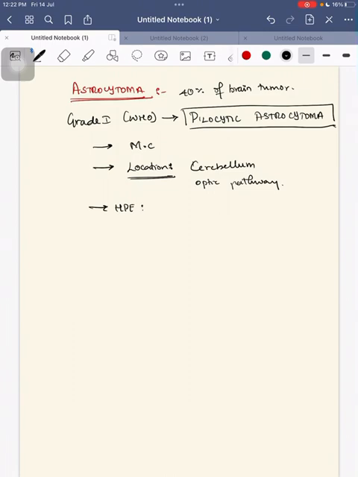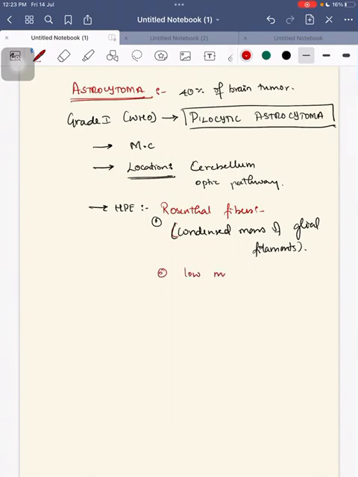On histopathological examination, you can see Rosenthal fibers. So what are these Rosenthal fibers? These are condensed masses of glial filaments. Okay, and they will have a low mitotic potential.